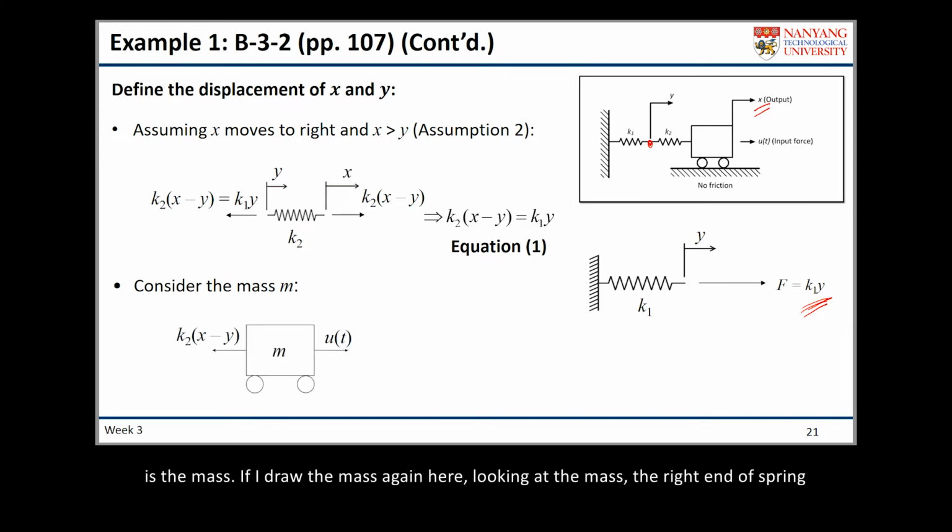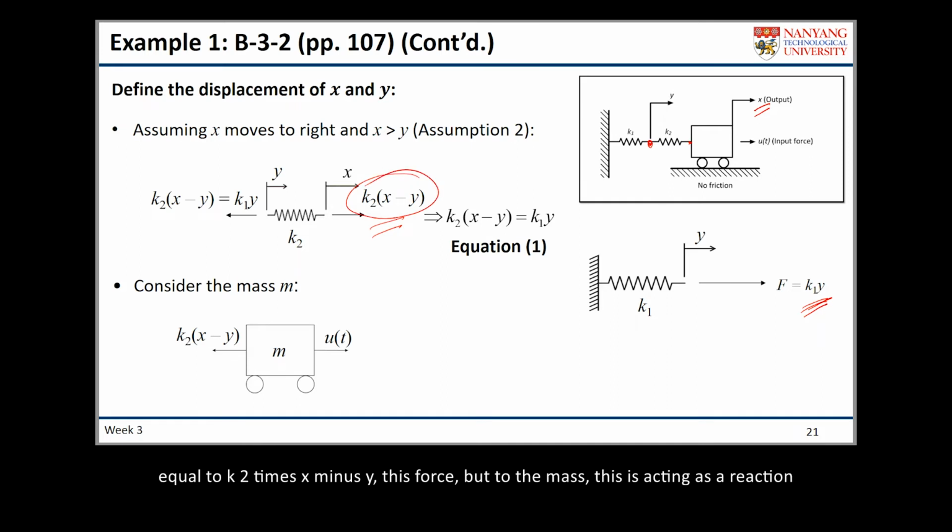If I draw the mass again here, looking at the mass, the right end of spring K2 is attached to the mass M. So there will be a reaction force to the mass M, which is equal to the applied force, the action force on spring K2, which is equal to K2 times (x minus y), this force.